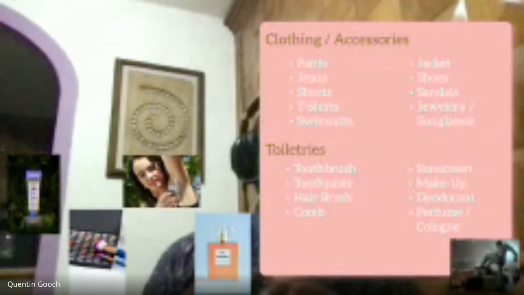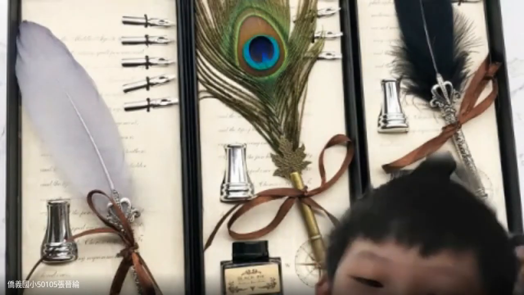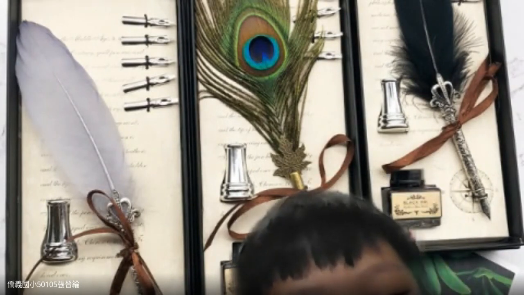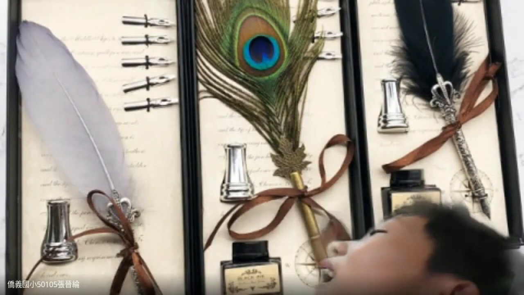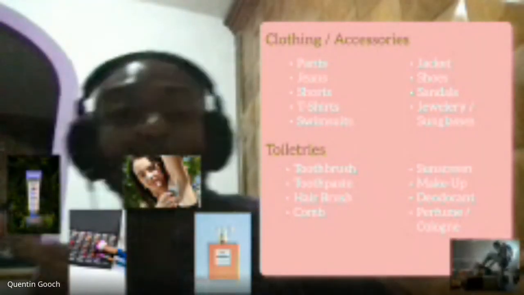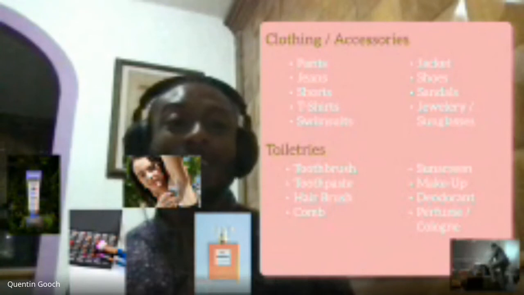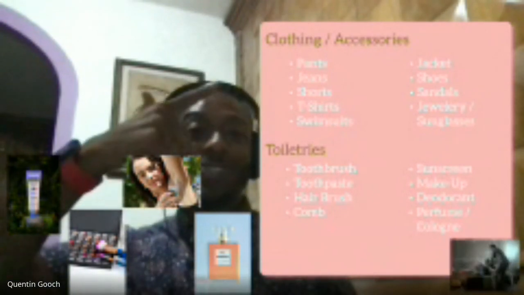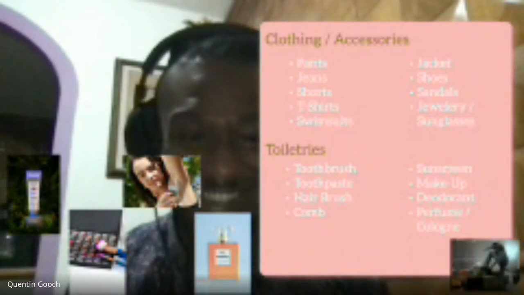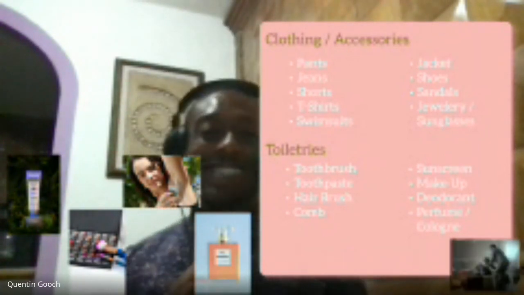Toys and shoes, and what else? And water. Okay, so you are a light packer. You just need toys, shoes, and water. That's all you need. Oh goodness. Okay, class.